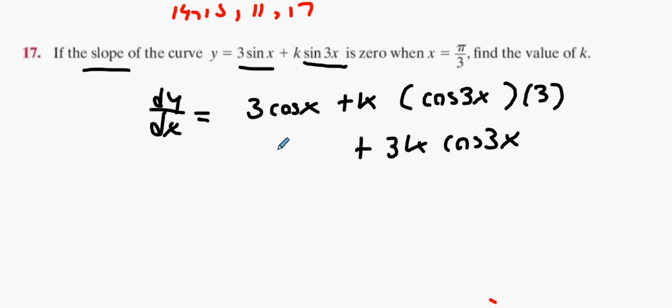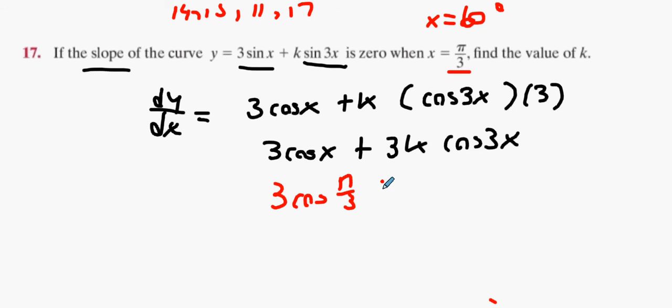Good man. Alright. Or if you have it in degree mode, you can also just sub in 60 degrees, which should do the same trick as well, okay? Let's try this out. 3 cos pi over 3 plus 3k.